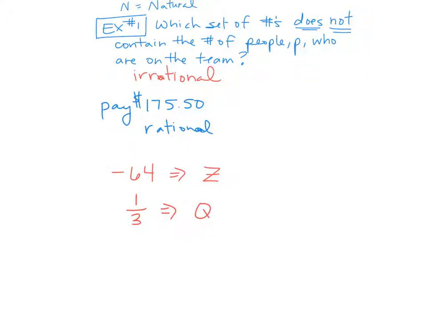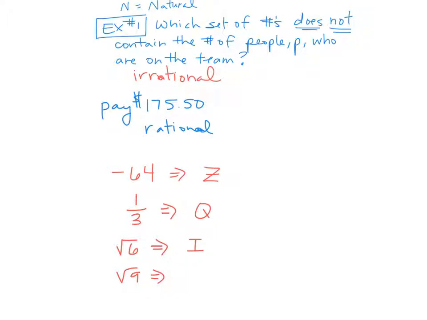What about the square root of 6? Irrational, right? Square root of 6 is not a pretty one. It's not a perfect square. Square root of 9 would be better. Square root of 6 we would say is irrational. What would the square root of 9 be? So what group of numbers? A natural number, a whole number, an integer, a rational, right?